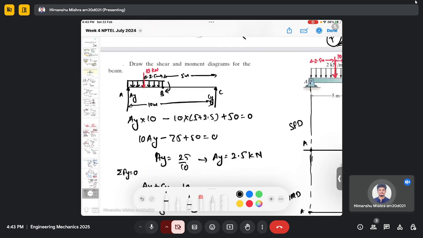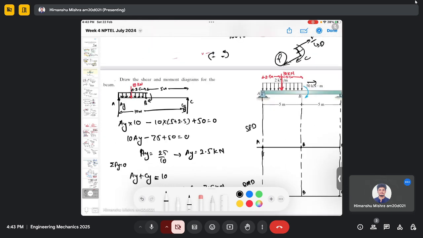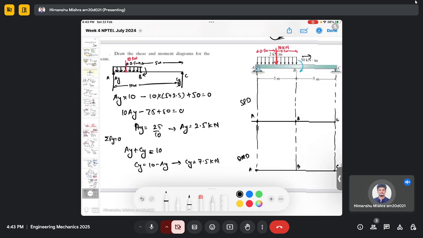So now we have both reaction forces, and we need to make the SFD and BMD diagrams. So we have to decide where we have to cut the beam. If I cut somewhere between this uniformly distributed load, I can get the moment expression in terms of x that we got at the beginning of the class.